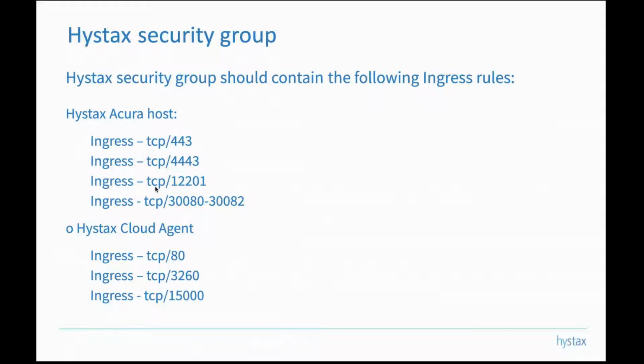That's my typo, I will fix it before sending the presentation. It's actually UDP 12201, and this UDP 12201 is used to send logs to Acra. Replication agents, as well as cloud agents and failback agents, all of them send the logs via this port.